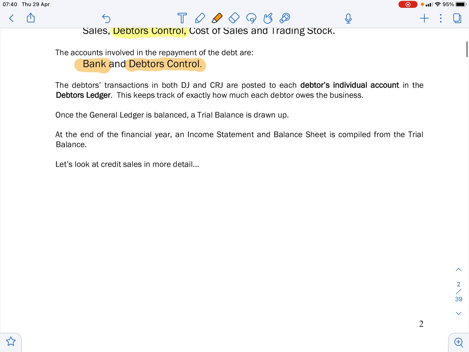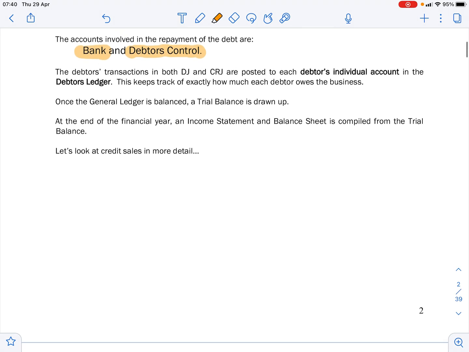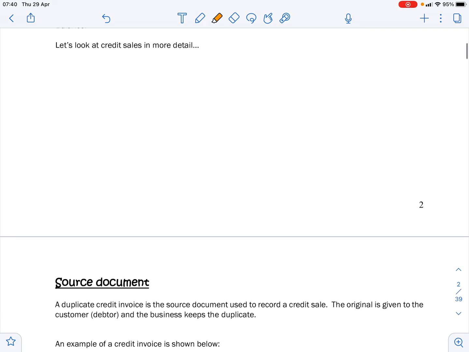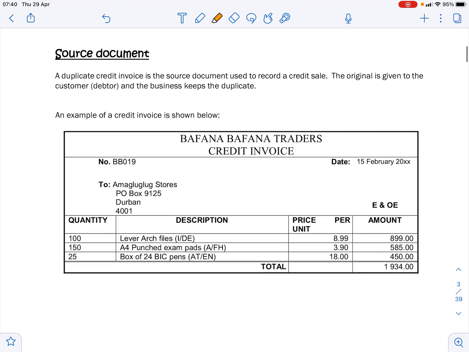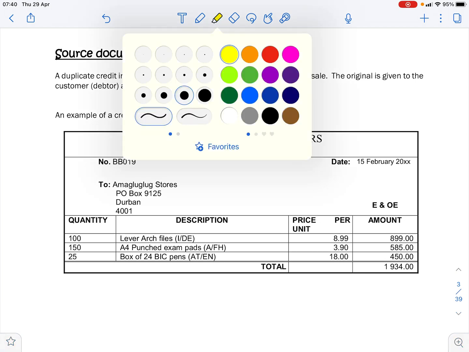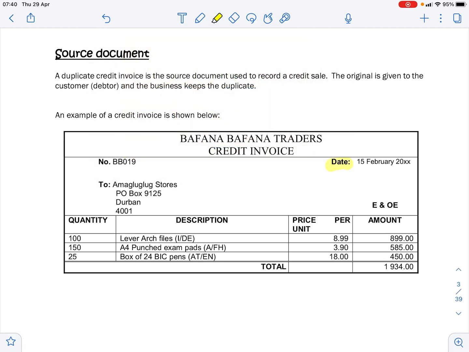Now, we have something called the debtor's ledger. Now, this is an individual account that keeps track of exactly how much the debtor owes the business. But for now, let's look more at credit sales. If we have a look at our source document, our credit invoice, like any other source document, it has a date, it has a number, who it was issued to, as well as the amount.